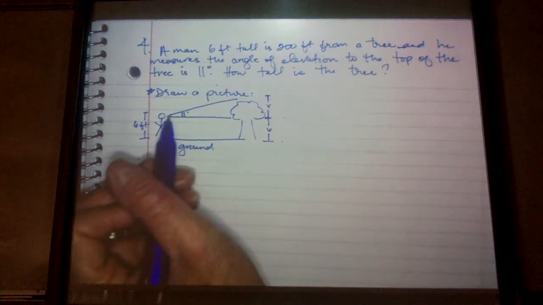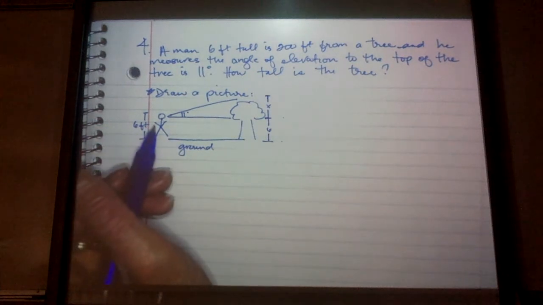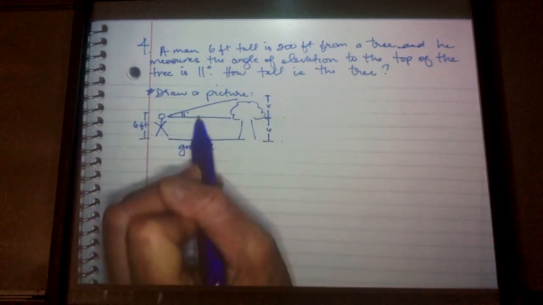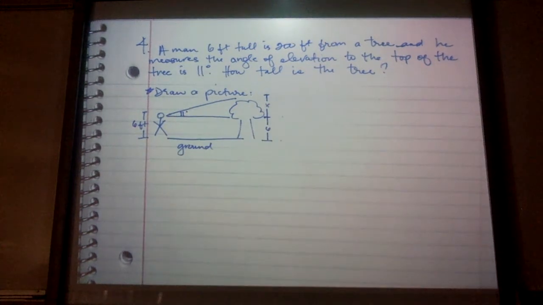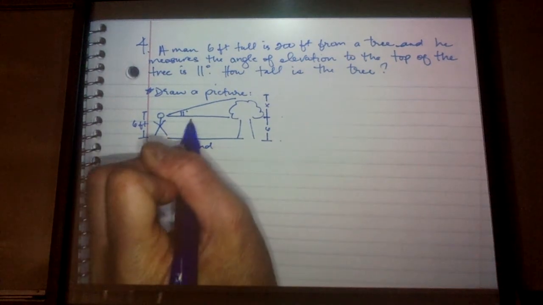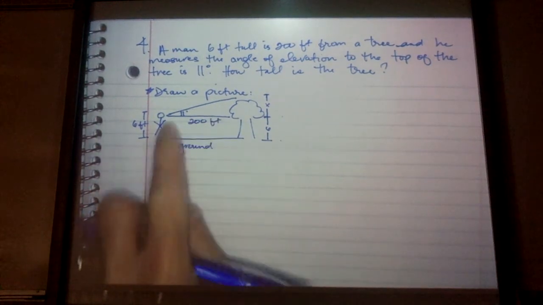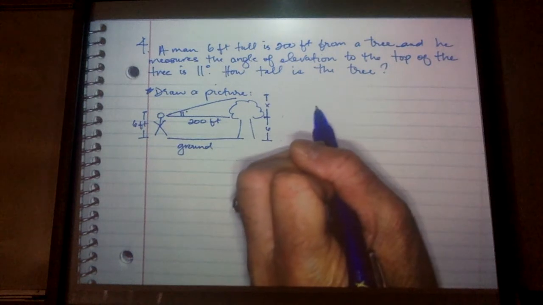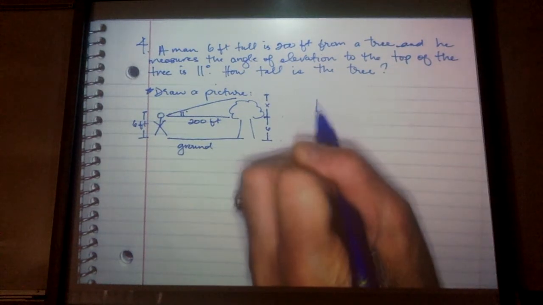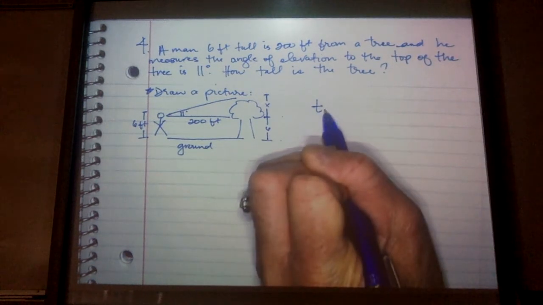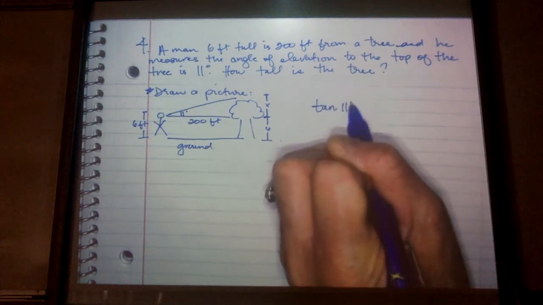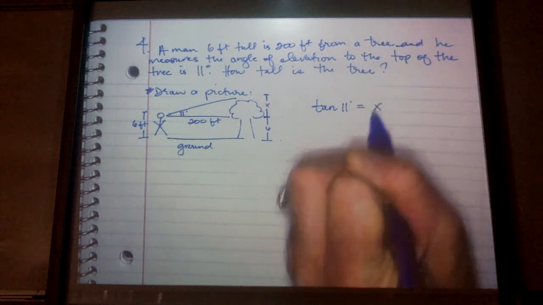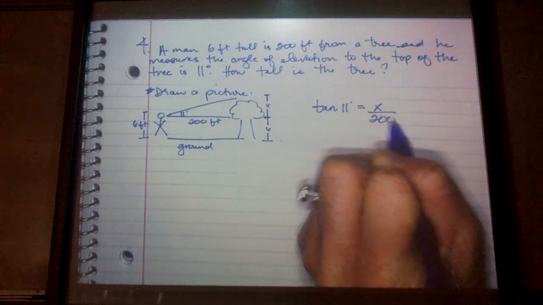So I have the opposite, I have the angle, and I have this bottom piece. So in order to set it up, I know this length right here is 200 feet, right? The distance from him to the tree. So I'm going to use tangent of 11 degrees equals the opposite over the adjacent.